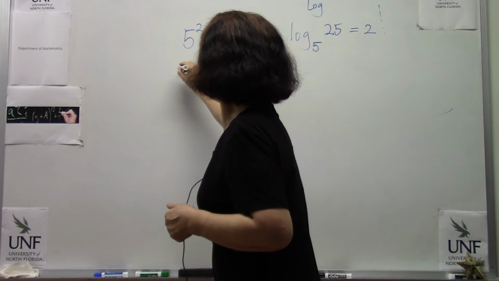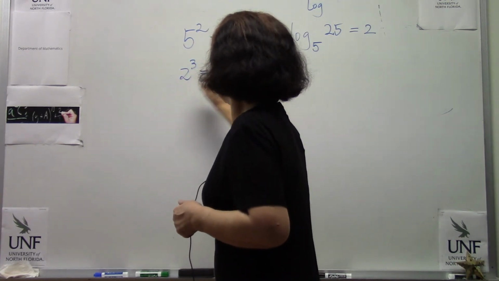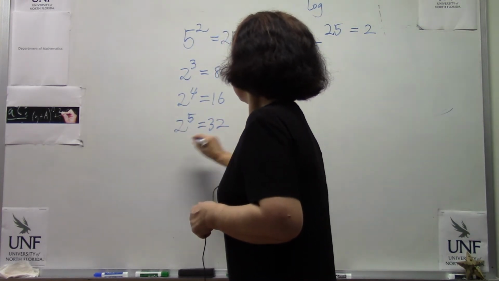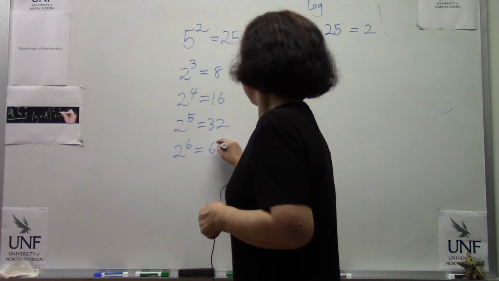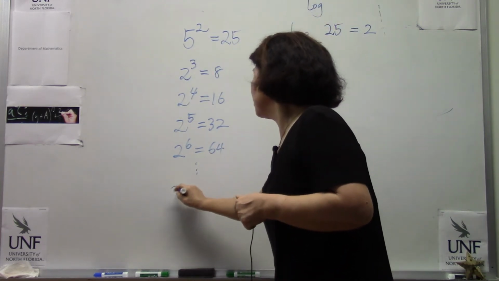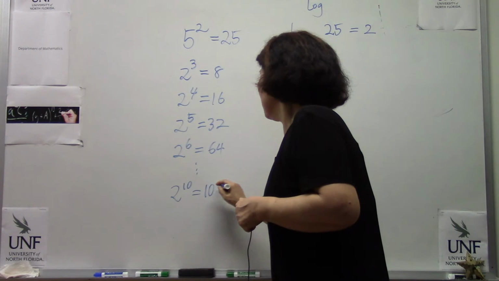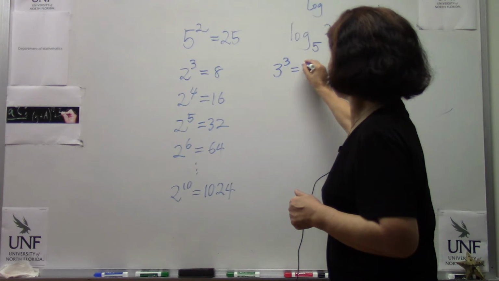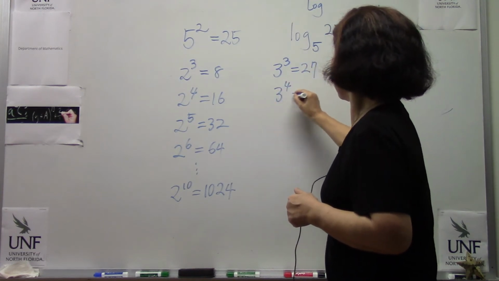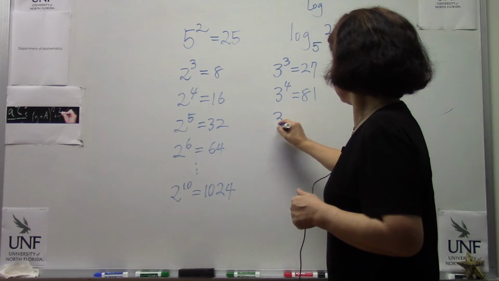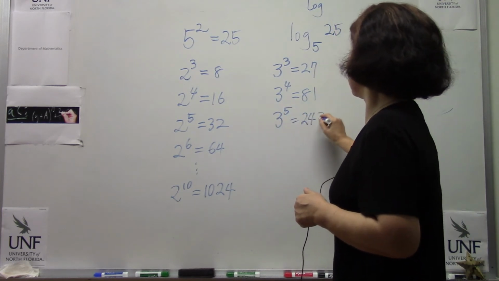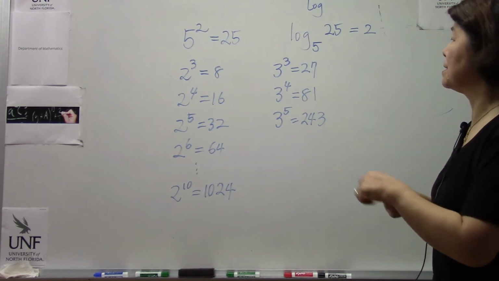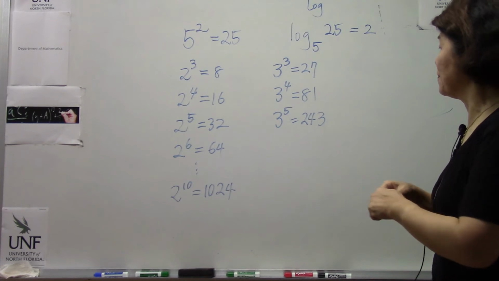Convenient ones: 2 to the third is 8, 2 to the fourth is 16, 2 to the fifth is 32, 2 to the sixth is 64, and 2 to the 10th is an interesting one, 1024. And 3 to the third is 27, 3 to the fourth is 81, 3 to the fifth is 243.